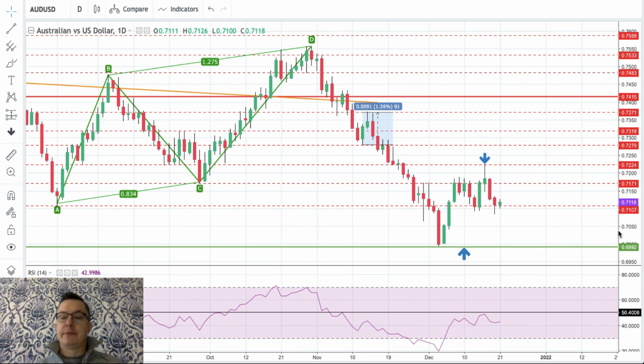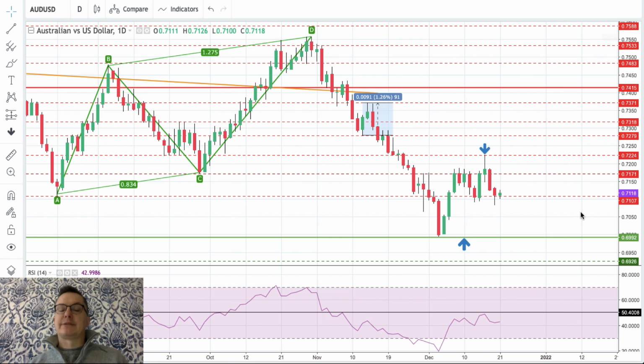On one hand it would be 7,107, on the other hand it will be 7,171, because this is the narrow zone, and when the volatility dries up, it might be a longer period of time, like a week or maybe two, before this down move will be continued lower towards 6,992, and then of course even towards the level of 6,926. So please keep an eye on the Australian dollar.